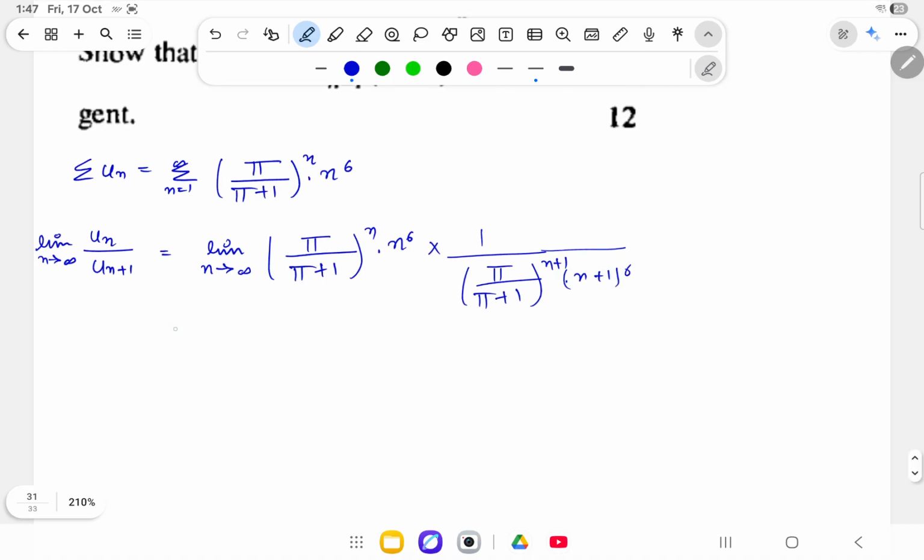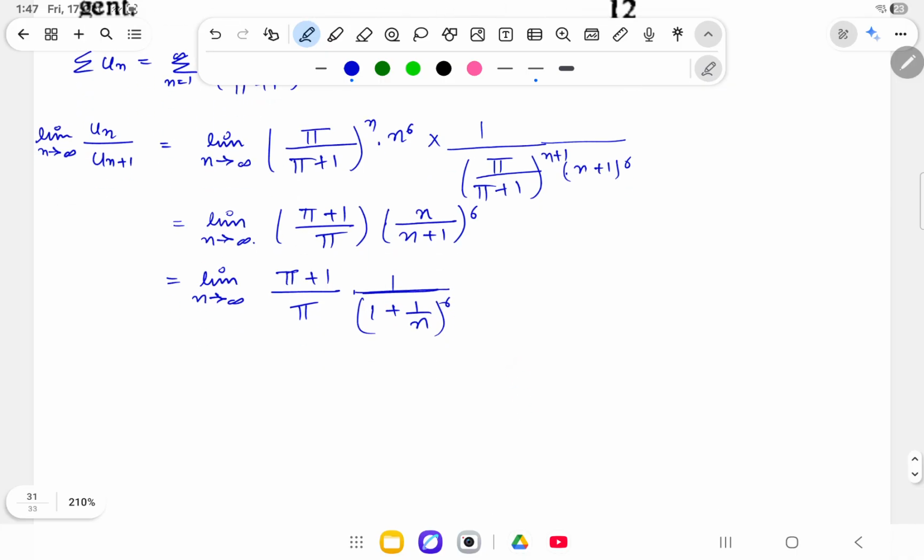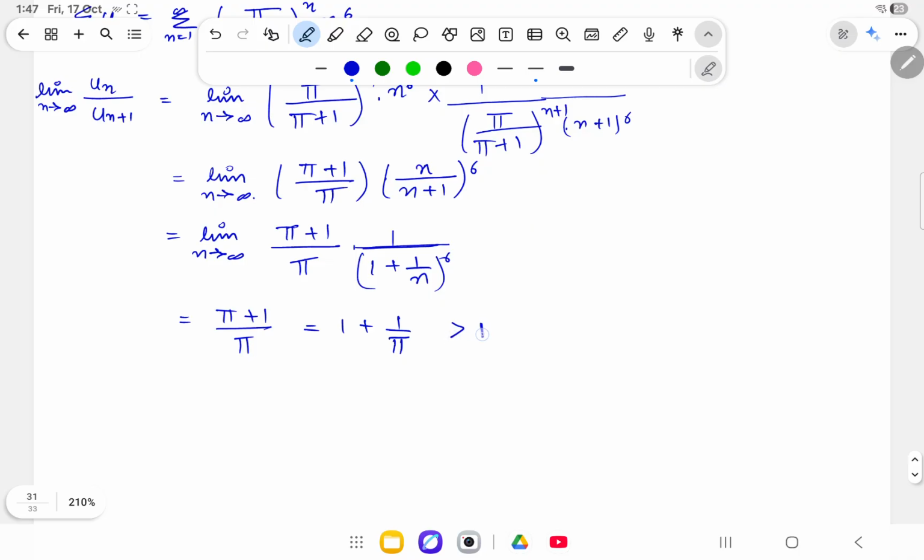It simplifies to limit n approaches infinity of pi plus 1 divided by pi times n divided by n plus 1 raised to 6, which is equal to limit n approaches infinity of pi plus 1 divided by pi times 1 divided by 1 plus 1 by n raised to 6. Now if we just take its limit, it will be equal to pi plus 1 by pi, which is equal to 1 plus 1 by pi. So in any case this limit is greater than 1.